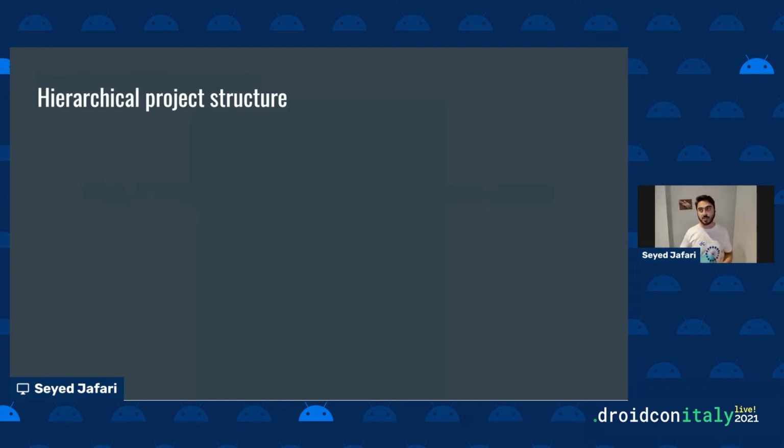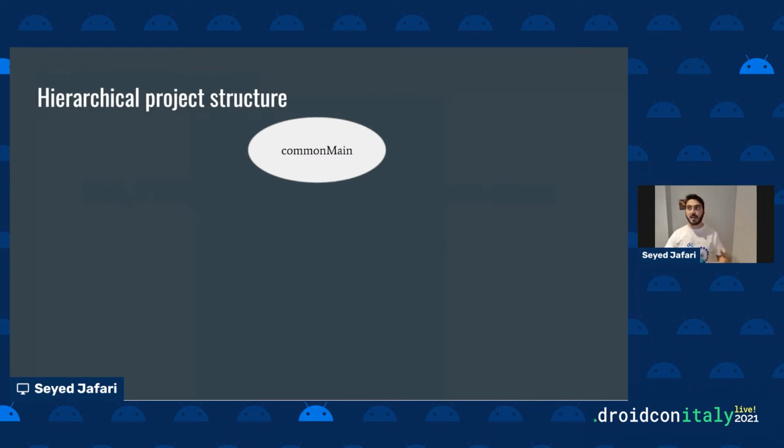So KMP has a feature that allows you to build your code in a hierarchy, so you don't have to break your code into very small pieces. Rather, you can actually share as much as possible. What I mean by that is that most of your shared code will live in common main, as I've just said, and then if that code is iOS specific, fine, you can add it to the iOS main source set, which will build and compile that piece of code for both of the iOS architectures, again ARM64 and x64.